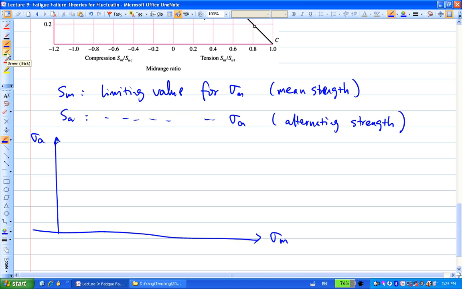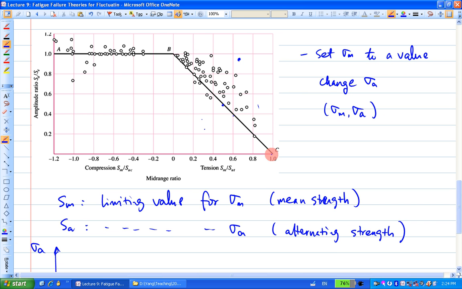The first diagram is this. This is a special value S_E. Why is it special? Suppose your sigma M is 0, and if I wanted to design, basically you compare sigma A with S_E. So this is why it's a special value. And this other point, what's special about it?